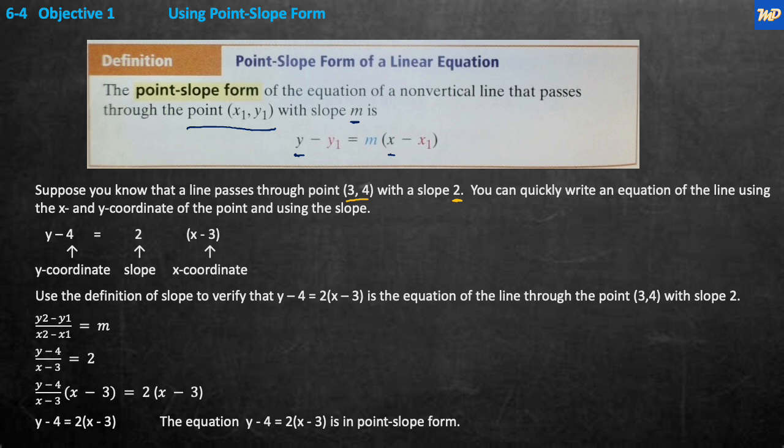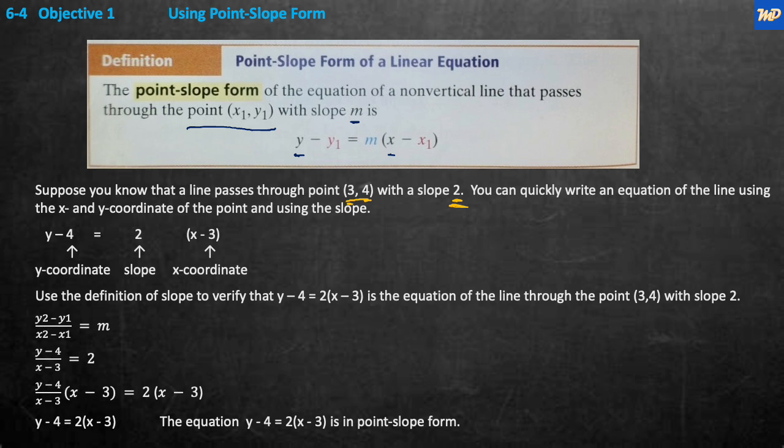It's pretty straightforward. So here it is: y minus y sub 1, and y sub 1 is this y value right here. It's the 4. That's the one we know. So it's y minus 4 is equal to 2, which they tell us is the slope, times x minus 3.